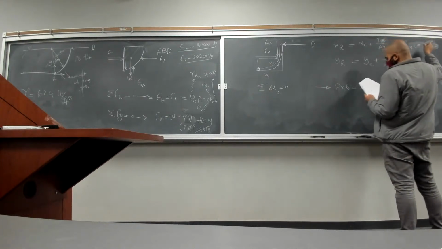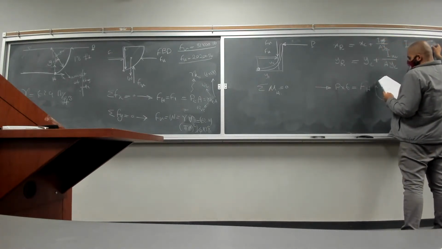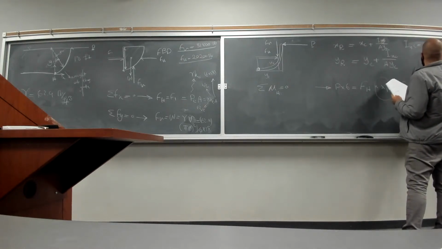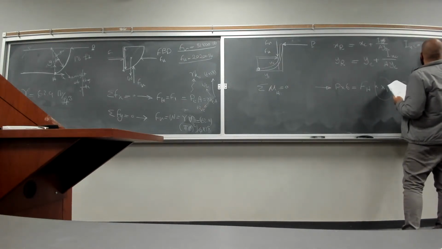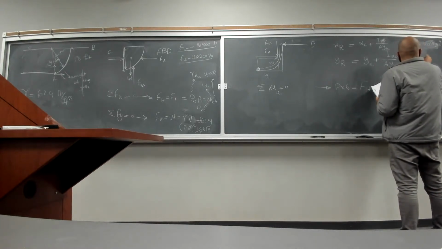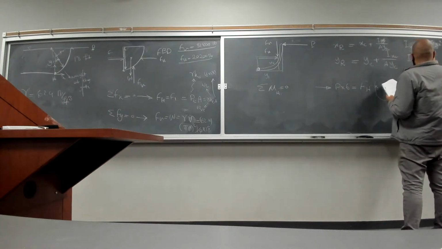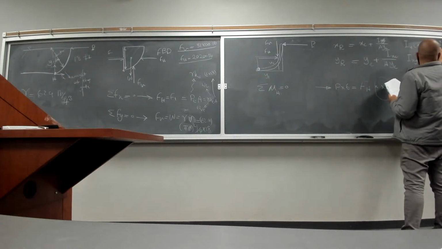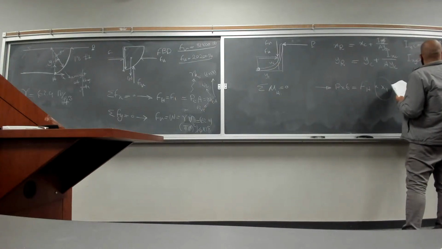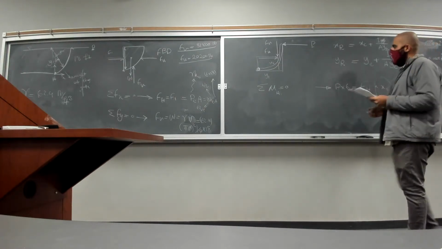I of xc is 0.058 pi r to the fourth, and I of xyc is negative, there's no pi, that was my mistake, negative 0.0164 r to the fourth.